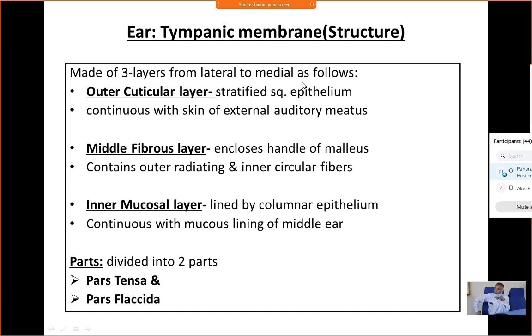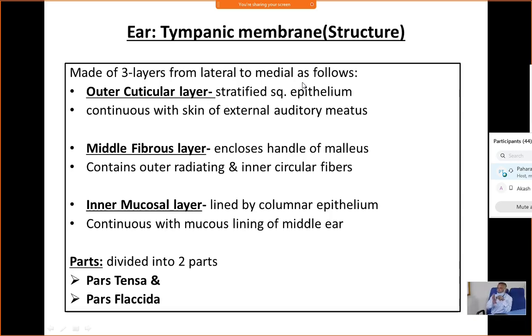Then the middle layer is the fibrous layer, which encloses the handle of the malleus and contains outer radiating and inner circular fibers. Now how are these fibers arranged? Outer fibers are in a radiating manner, while inner fibers are in a circular manner.